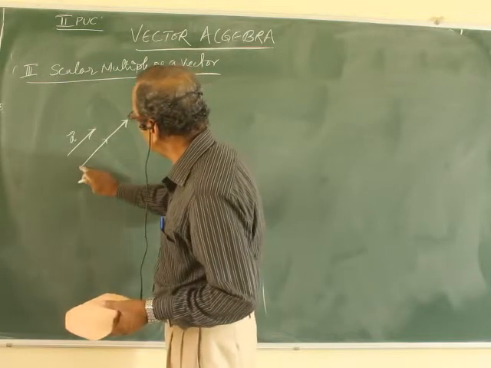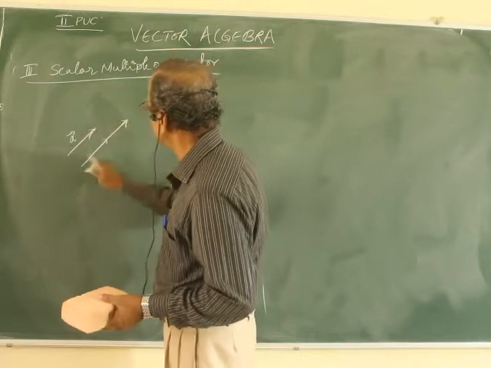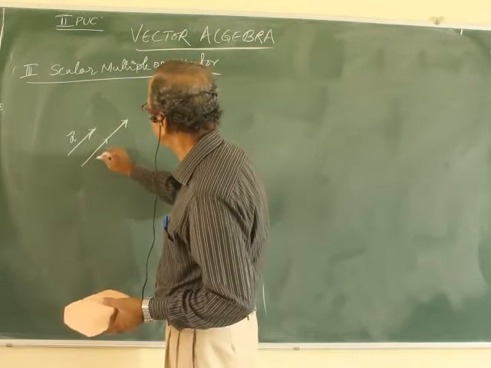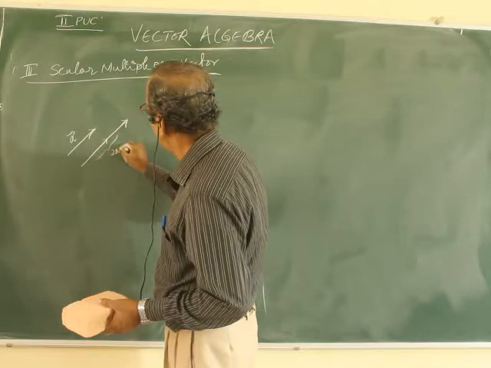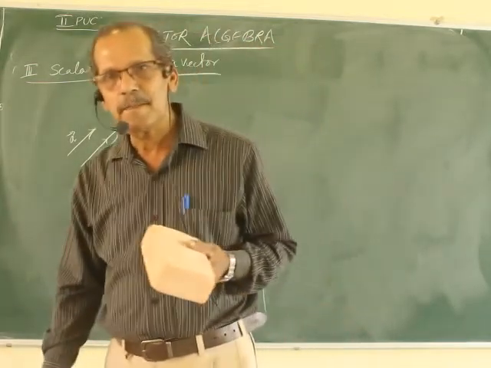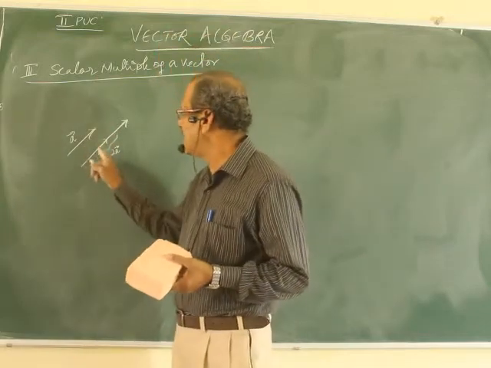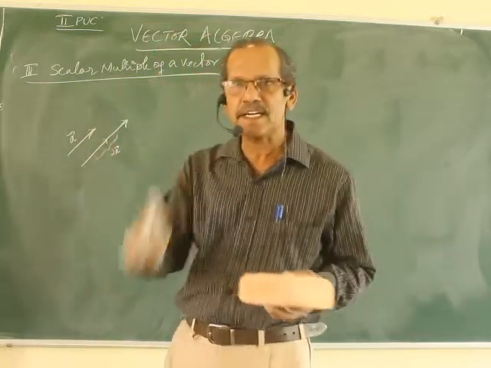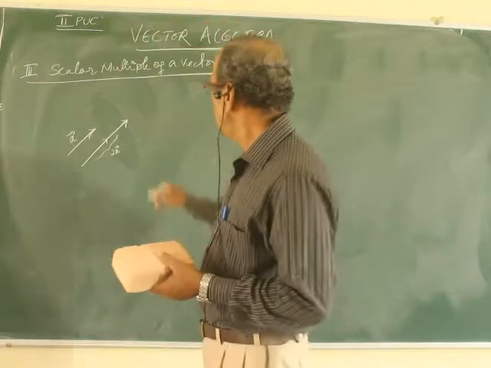Then the vector obtained by the initial point of the first and terminal point of the second is 2A. Remember, you are adding A 2 times, that's all. Addition of vectors is already known.